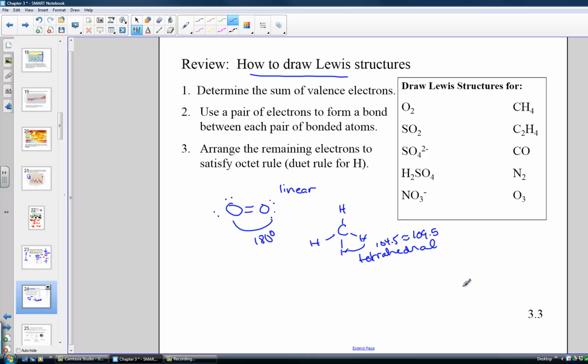If we had sulfur dioxide, let's draw it together. 1, 2, 3, 4, 5, 6 electrons around the sulfur. Oxygen also has 6. There's a bond. And 1, 2, 3, 4, 5, 6.